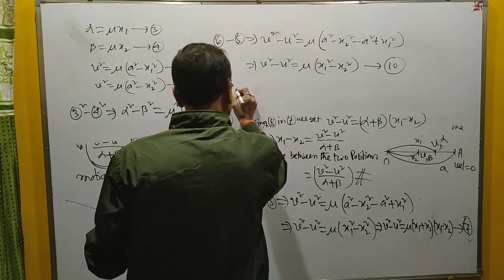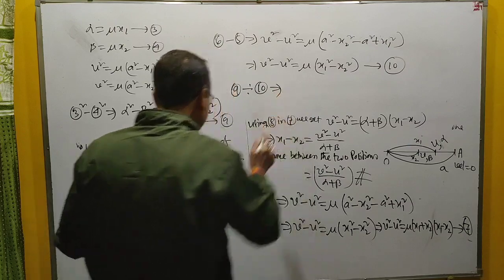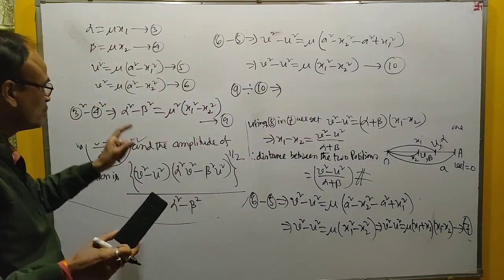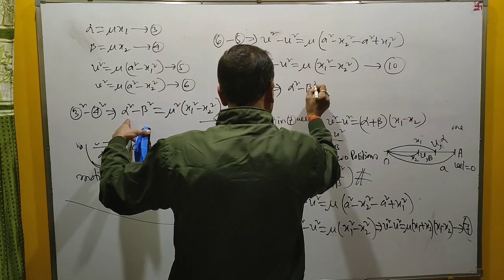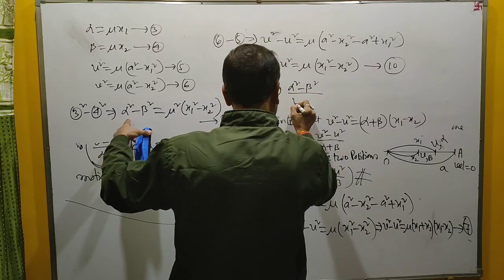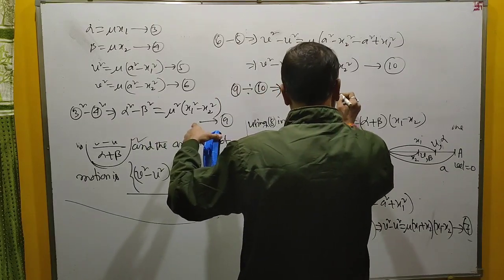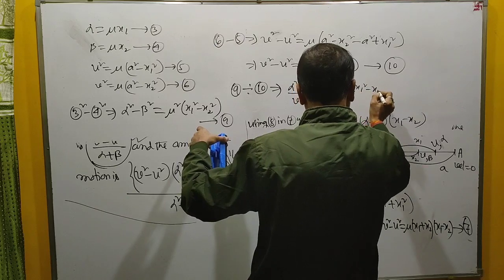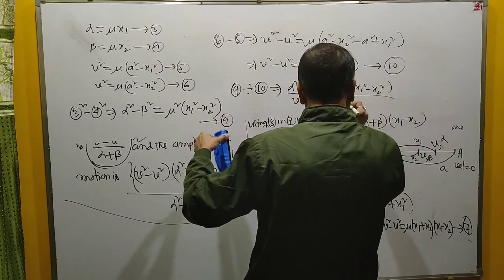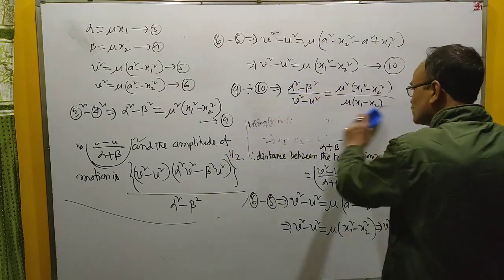Dividing 9 by 10, you will get alpha square minus beta square divided by v square minus u square equal to mu square into x1 square minus x2 square divided by mu into x1 square minus x2 square.